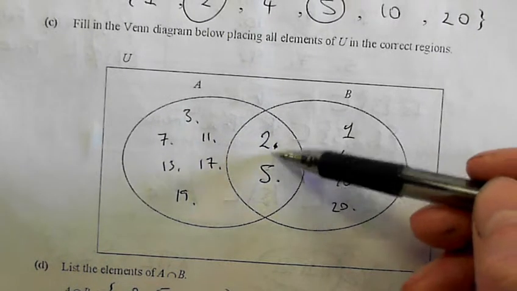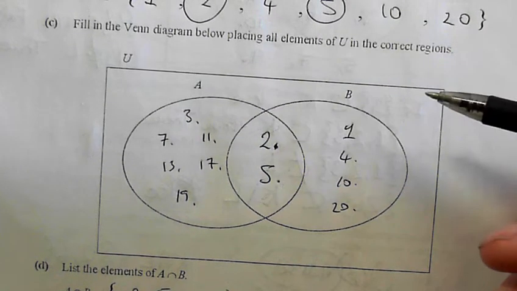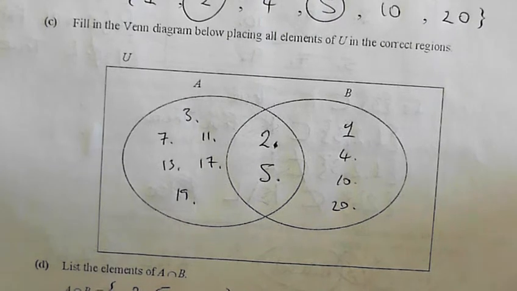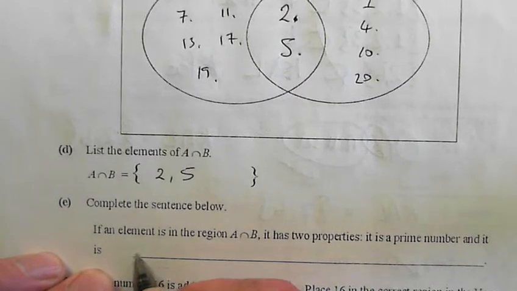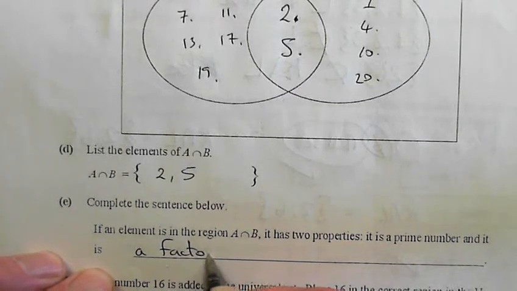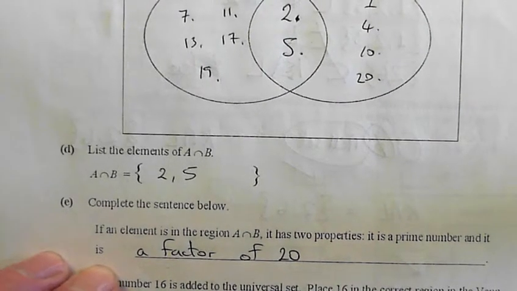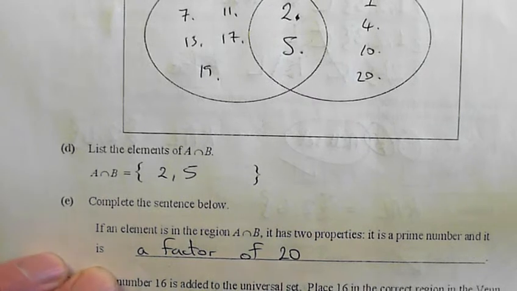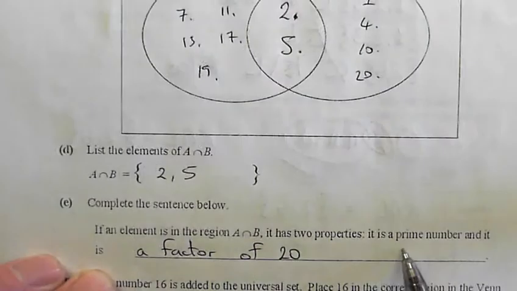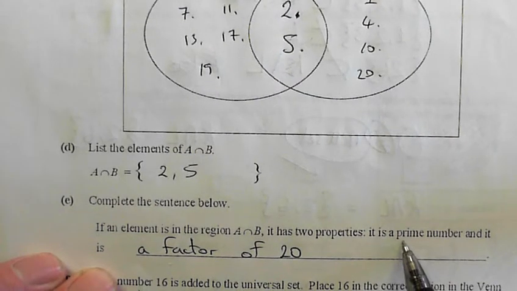It's a factor. Both are factors of 20, aren't they? It is a factor of 20. So if the number is in the middle, it's a prime number and it's a factor of 20.